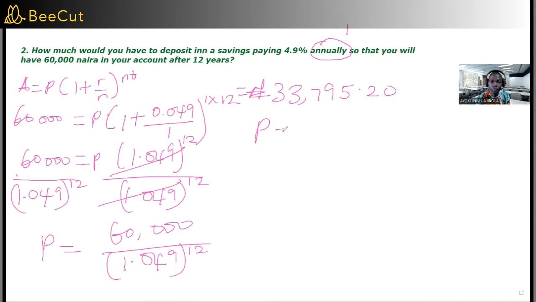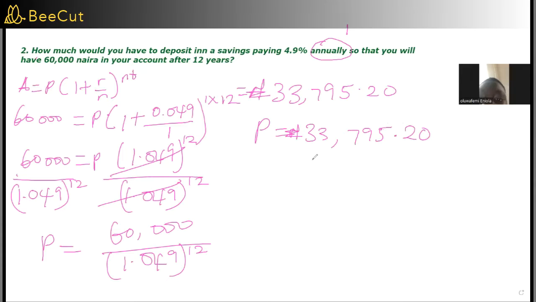So you must invest a principal which is 33,795.20 if you must have 60,000 in your account at the end of 12 years for a saving that is paying 4.9% interest annually.